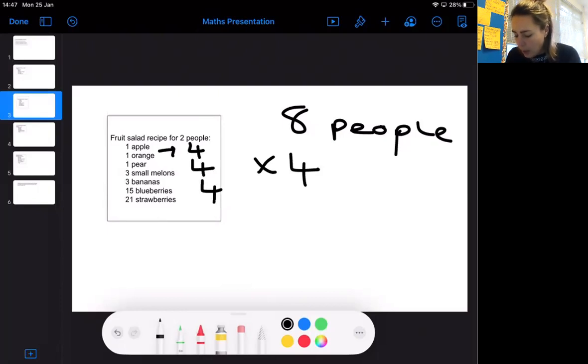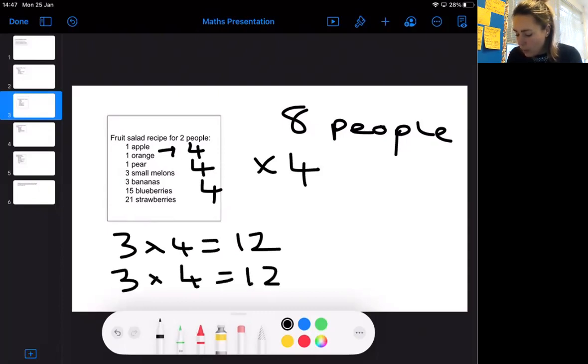It says here that I need 3 small melons, so I need to times that by 4 to equal 12. I have 3 bananas, so I need to times those by 4, that also equals 12. I have here 15 blueberries. I wonder if you're timesing that by 4, could you use the method that you used last week?